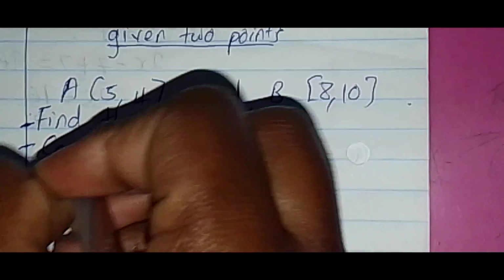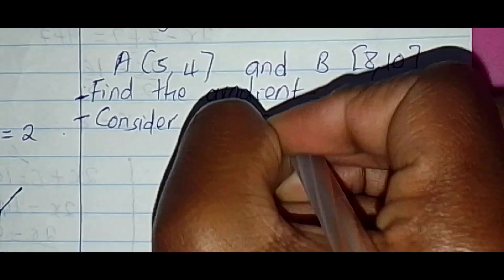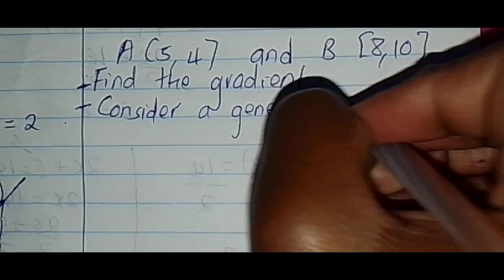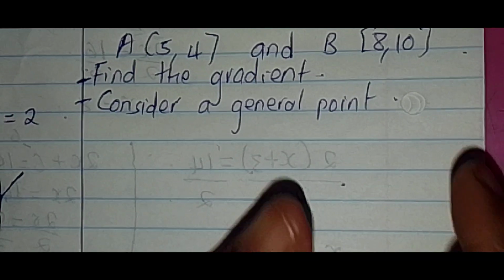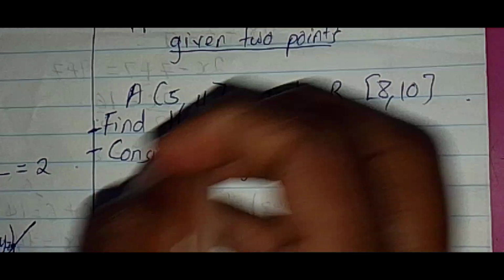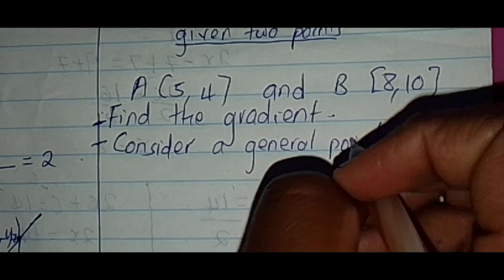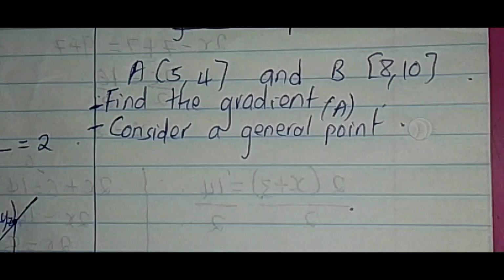Then consider a general point. In this case, we have A and B. We can consider one of the points, so let's take it to be A for our case.